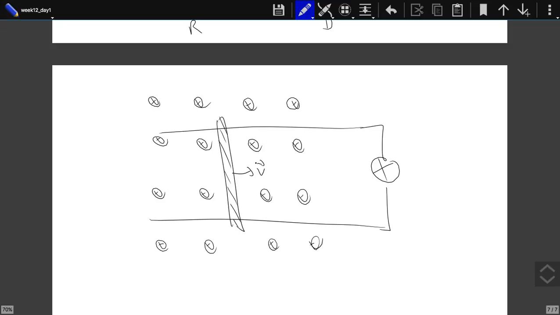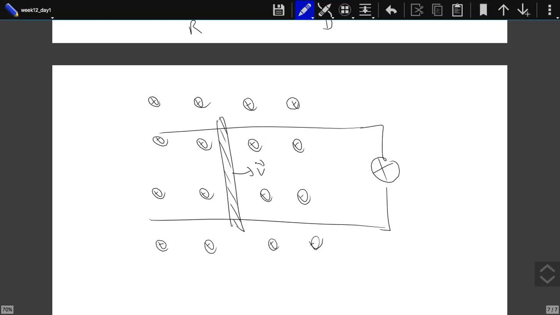We can go to another reference frame where the rod is at rest. In that reference frame, it's the B field lines that are moving. So what creates the electric field is actually the motion of the B field lines. If the B field lines are moving, they create an electric field.